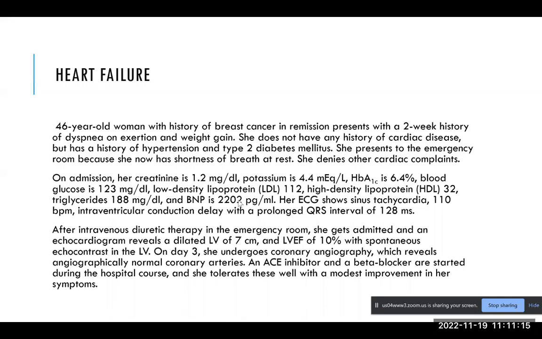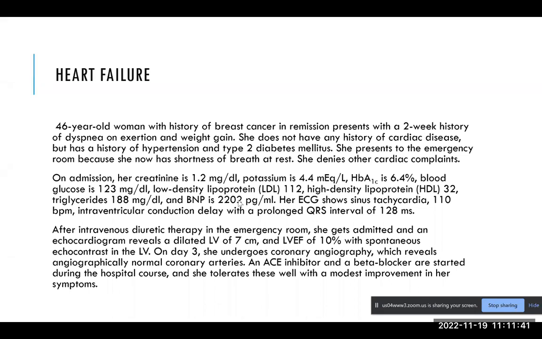On admission, her creatinine is 1.2, potassium 4.4. A1C is 6.4, blood glucose is 123, LDL 112, HDL 32, triglyceride 188, BNP is high at 2,200. ECG: sinus tachycardia 110, interventricular conduction delay with a prolonged QRS interval of 128.